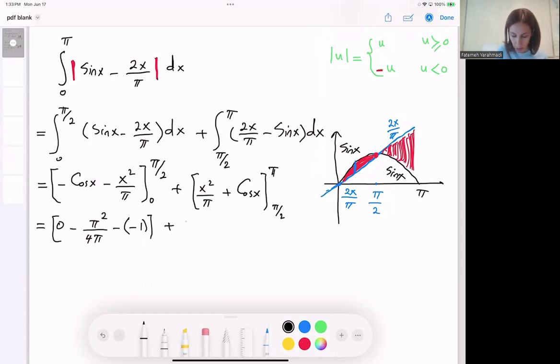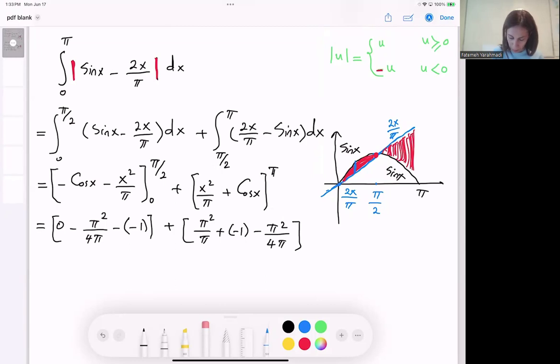Plus, if I plug in pi here, we get pi squared over pi plus cosine of pi, which is negative 1, minus, now plug in pi over 2, you get pi squared over 4 divided by pi, and the cosine of pi over 2 is just 0, so I'm not going to write it down here. So let me move this a little bit up to avoid any confusion.